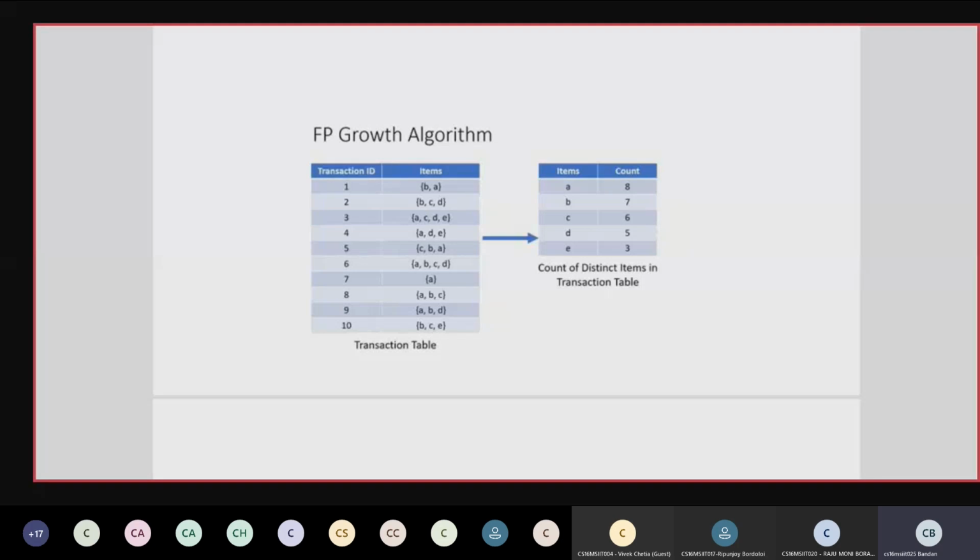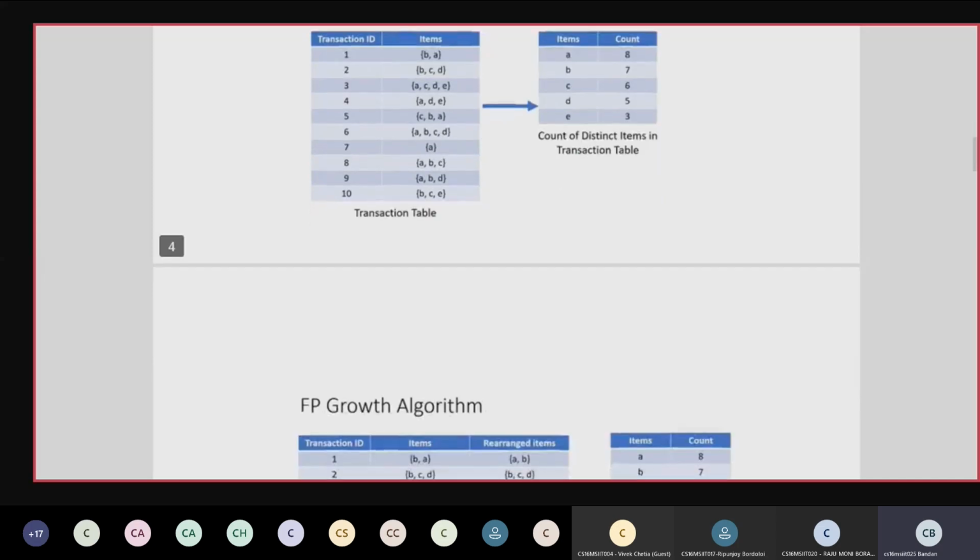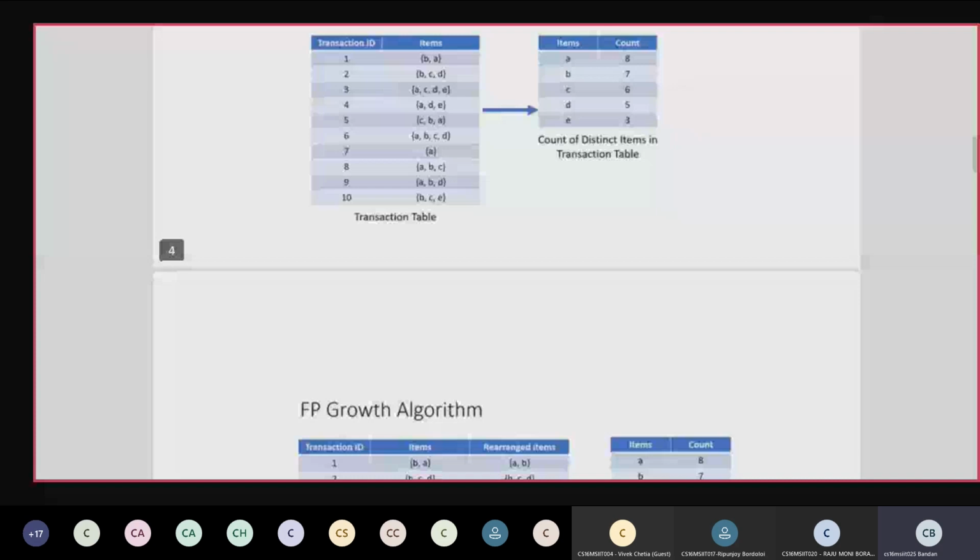Once we have the counts, what we have to do is order the items according to the count, highest number first. Here we see A occurs more times compared to B, and B occurs more times compared to C, and so on. Depending on this, we rearrange the items of each transaction.